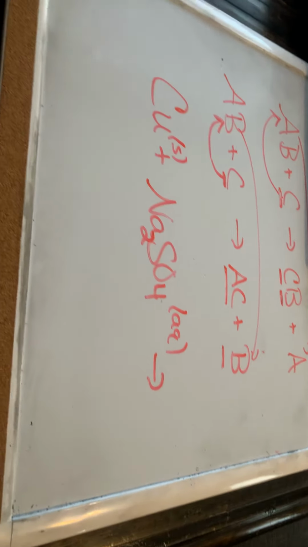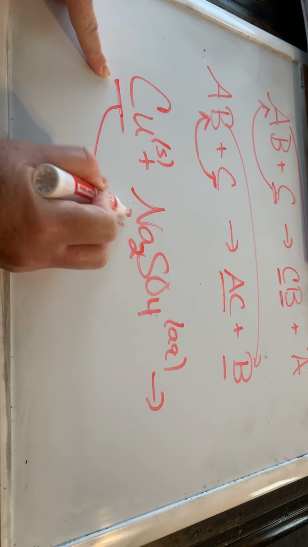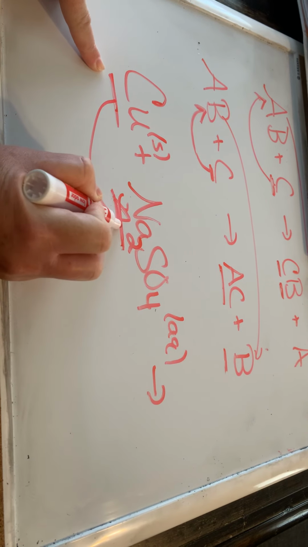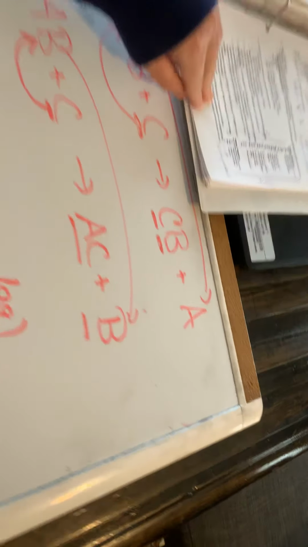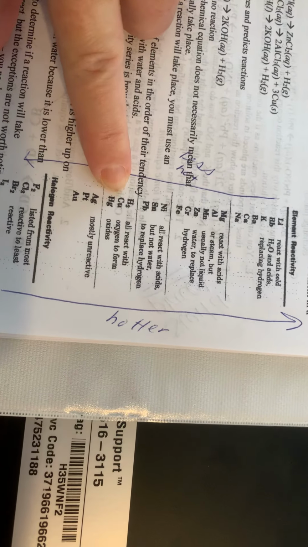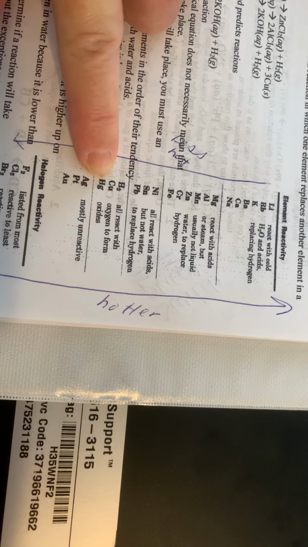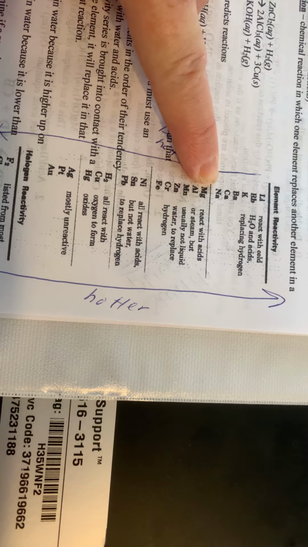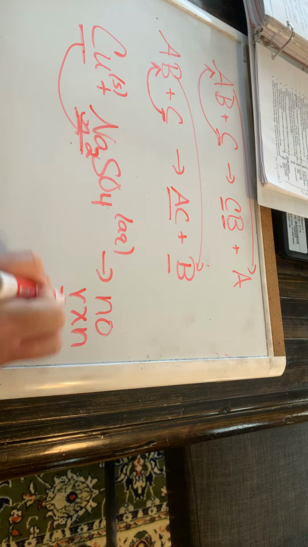Okay, so what if you had that? Now you have copper trying to come in and knock out sodium, right? Because positive tries to knock out positive. So we go back to our reactivity series. We find copper. Copper's way down here. Sodium's up here. So copper is below sodium, which means it's not going to be able to knock it out. So your answer here is going to be no reaction.